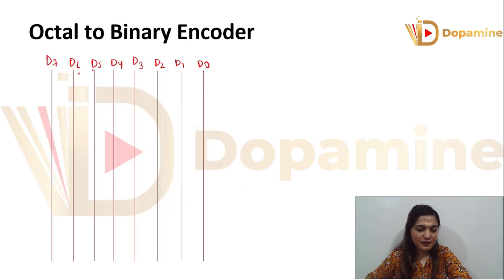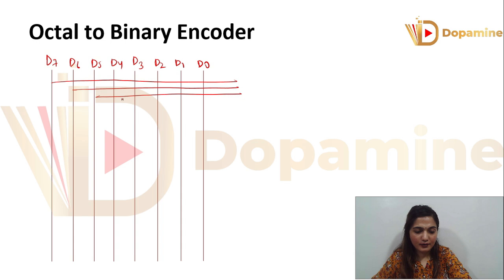So if I take D7, D6, D5 and D4 and pass them through the OR gate, I am going to get A as D4 plus D5 plus D6 plus D7.